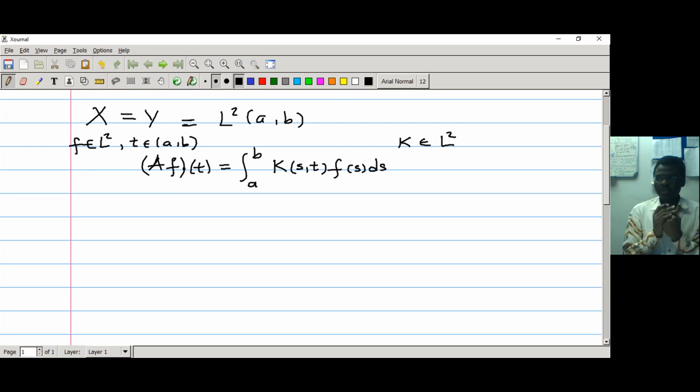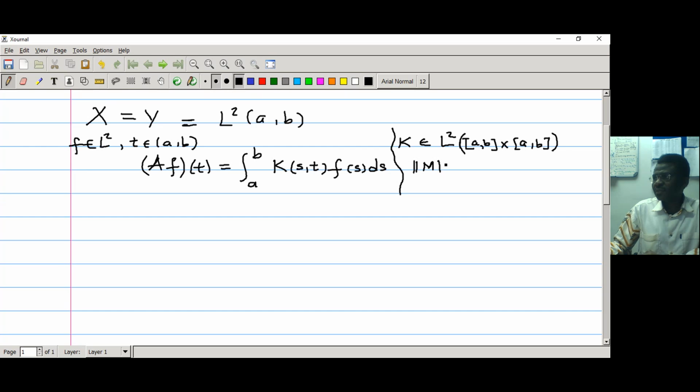Just don't forget it's a function of two variables, so it will be L2 of the Cartesian product [a, b] times [a, b]. If it is there, it means that the two norm of k is finite.